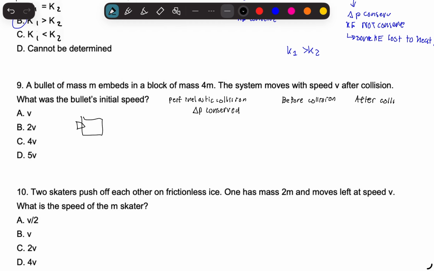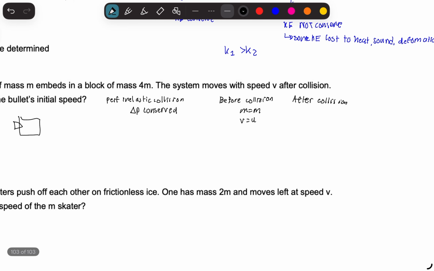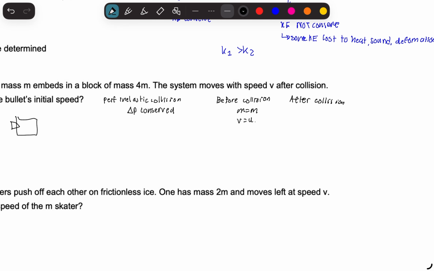So before the collision, you had a mass of m, and your speed is equal to u. So this is for your bullet. So let's actually label that. So m of the bullet, v of the bullet. Now m of the mass is going to be 4m, and your v of the mass is going to be at rest initially, so it's 0. Your initial is equal to mu.